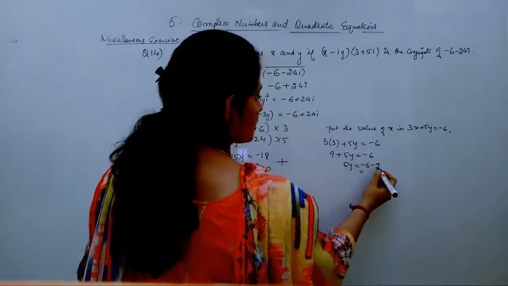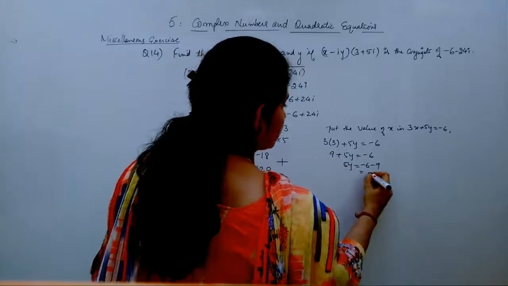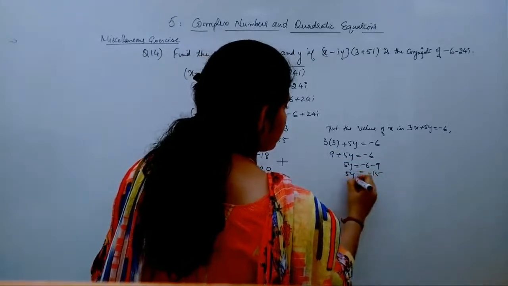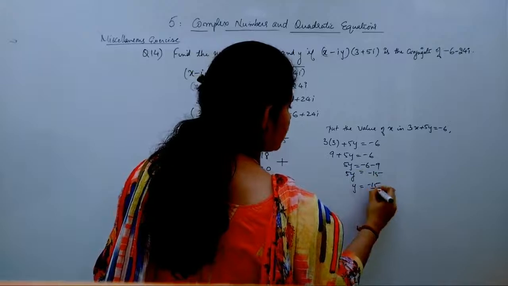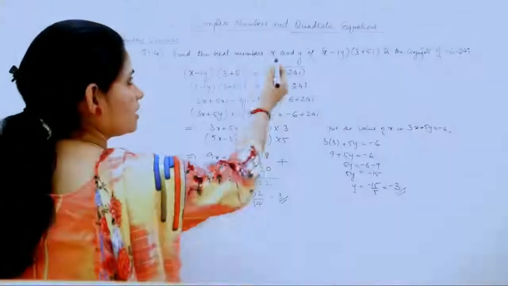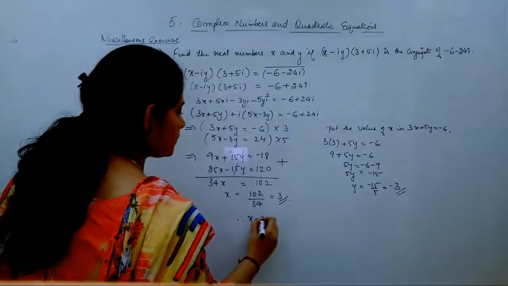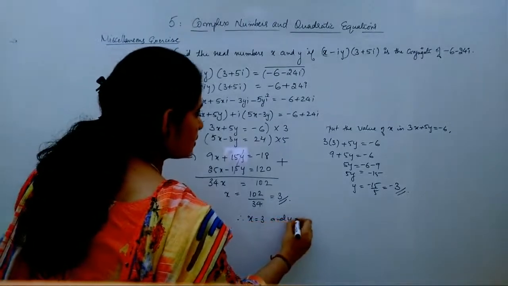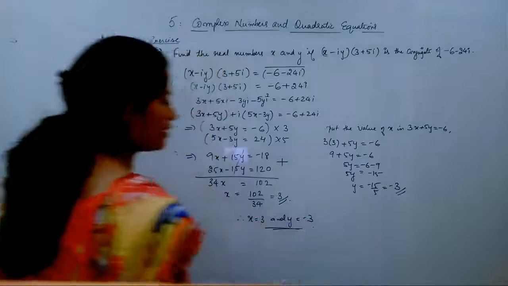Here what you will get? Minus 15. 5y equal to minus 15, and minus 15 by 5 will give you minus 3. So the real numbers x and y are 3 and minus 3.